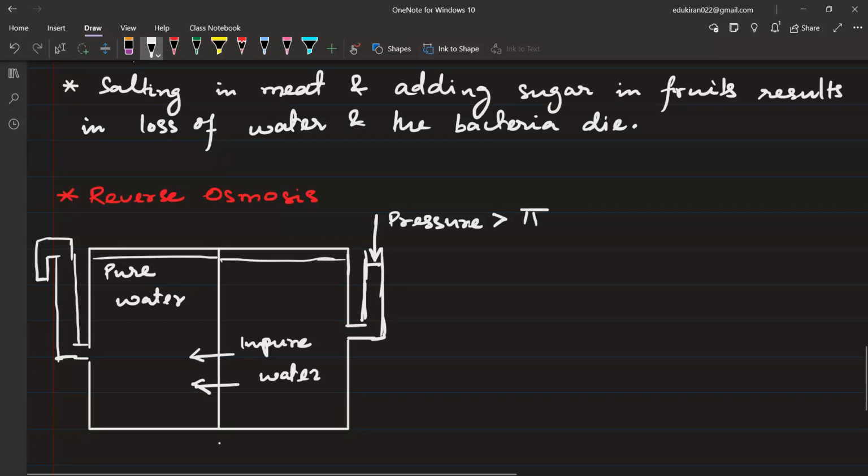Please remember, only water, only solvent, only H2O. The salts or impurities are not going to move with the water because we have a semi-permeable membrane, which only allows water to move. That is why we will get pure water here, and here we have impure water. We apply pressure higher than the osmotic pressure, then rather than osmosis, what happens?